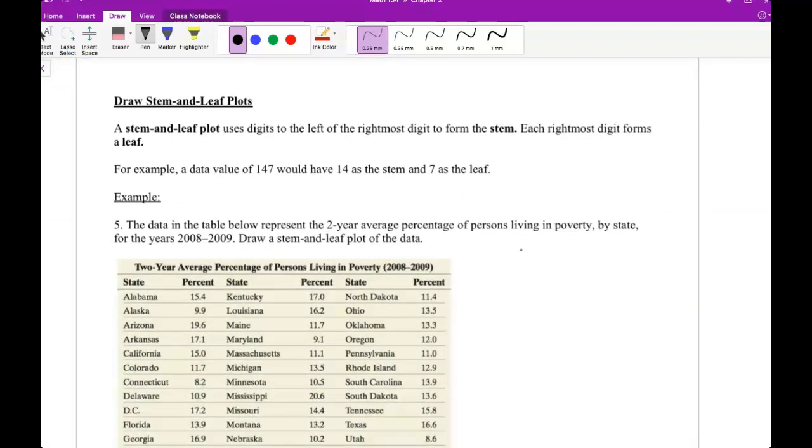Okay, now next page, we're going to draw stem and leaf plots. A stem and leaf plot uses the digits to the left of the rightmost digit to form the stem, and each rightmost digit forms the leaf. So, for example, for the data value 147, we have 14 as the stem and 7 as the leaf.